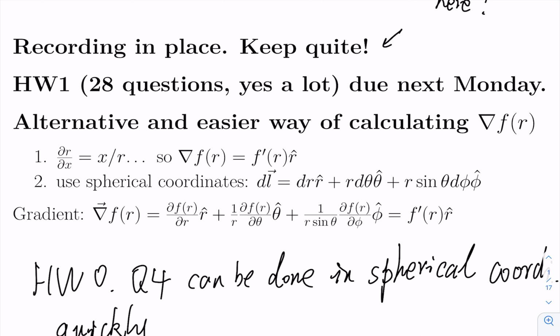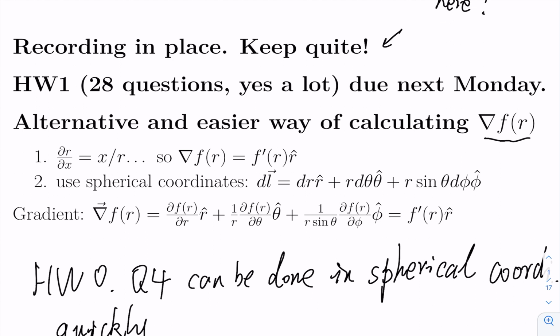Today, before I start, I want to mention that in the last lecture, when I calculated the gradient of a scalar function, I really made a detour. When I calculated the gradient of a function of r, I used the brute force way, calculating the partial x in Cartesian coordinates and summing them together to give the final result. But that is not quite necessary.